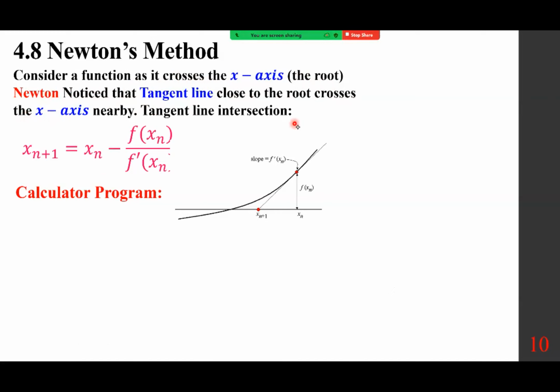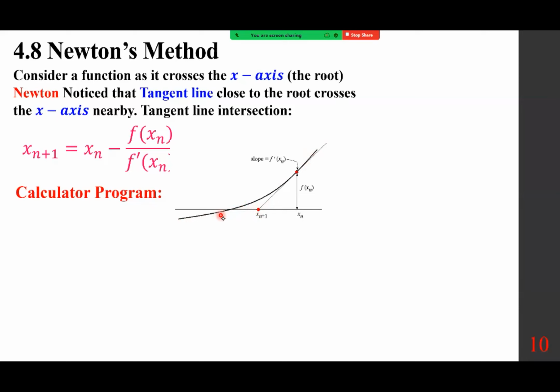So if you are looking to find this point, this is the root, this is the x-intercept. You pick somewhere as your starting point and you draw a tangent line. If you call this x sub n, the next one is x sub n plus 1. And is this point the root of the function? No, but it's closer to that. That's the concept, and we keep on getting closer and closer.